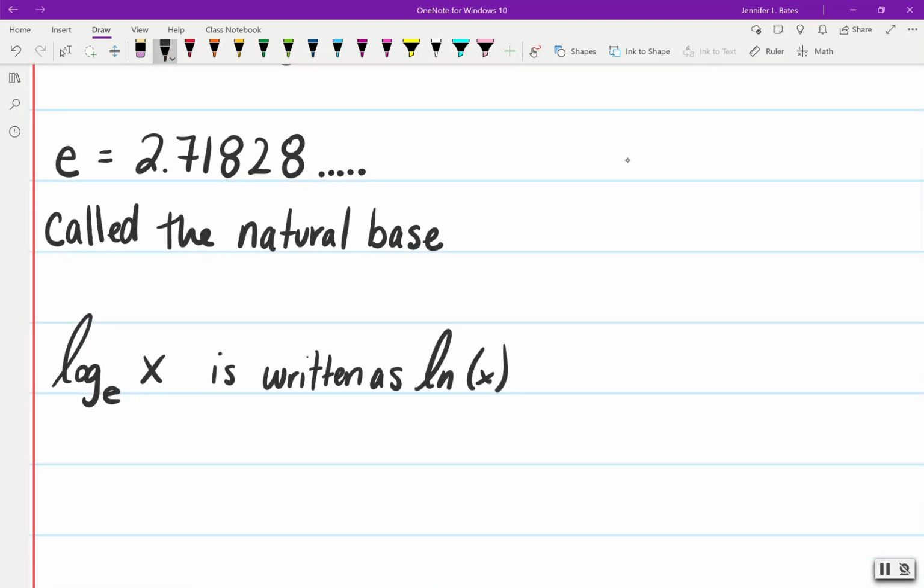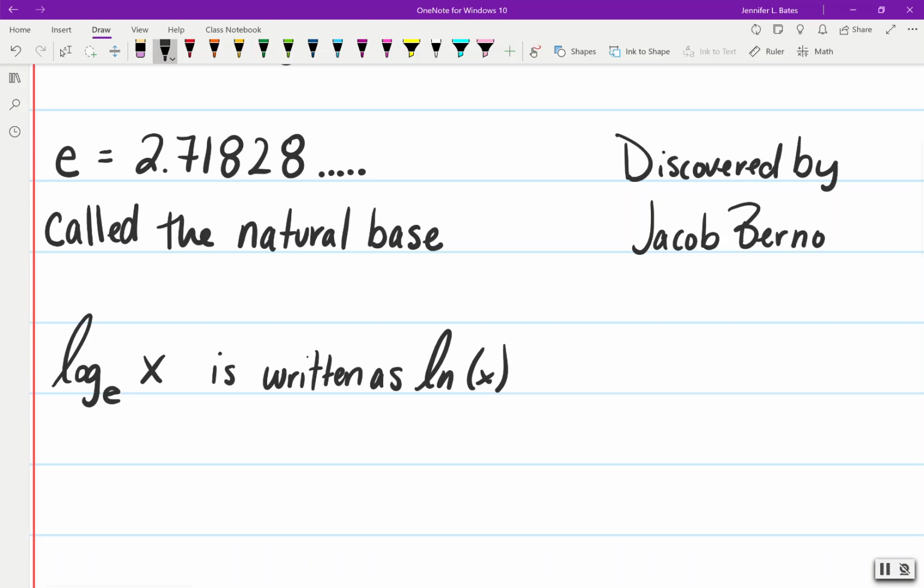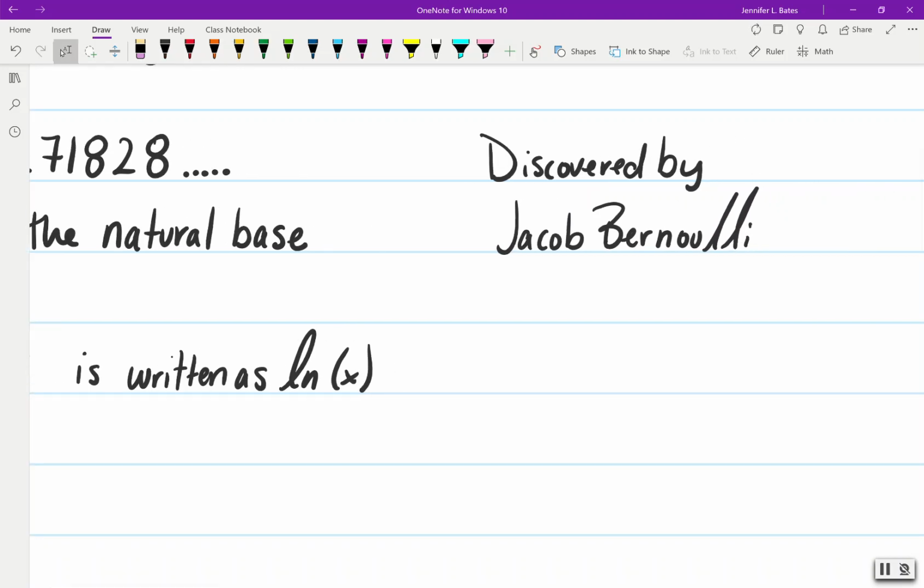Now, E was discovered by Jacob Bernoulli, and he discovered it when he was trying to calculate a limit, which is something you will talk more about if you get to a calculus class.